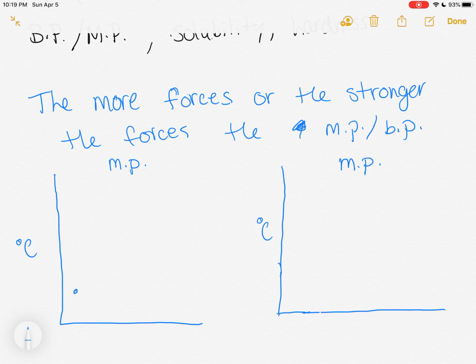On this graph, the melting point of CH4 is down here, a relatively low temperature. Then the melting point of silicon tetrahydride is up here, a little bit higher. Then we've got a melting point of germanium tetrahydride, and a little bit higher here, we have our melting point of tin tetrahydride.